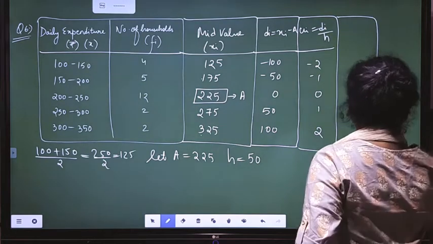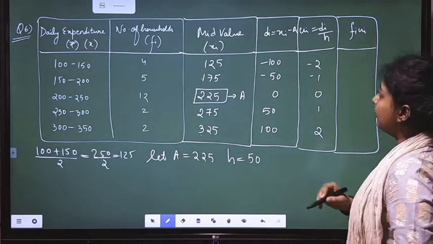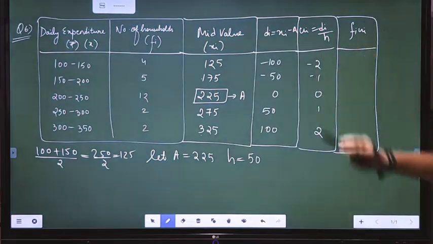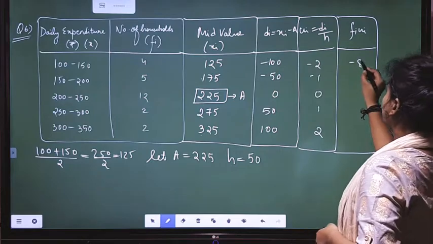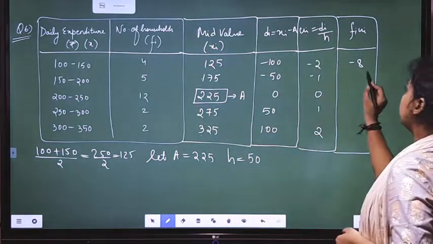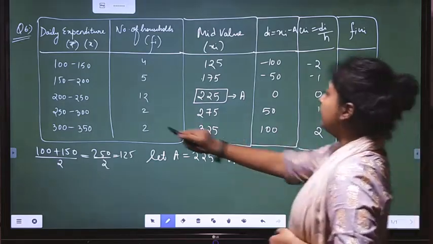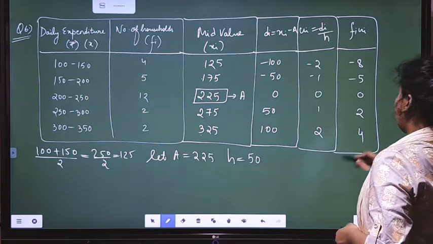Now we have to find the product of fi and ui. This is our fi and this is our ui column, so we have to find the product of these two. 4 into minus 2 gives us minus 8. 5 into minus 1 gives us minus 5. 12 into 0 gives us 0. 2 into 1 gives us 2. 2 into 2 gives us 4.